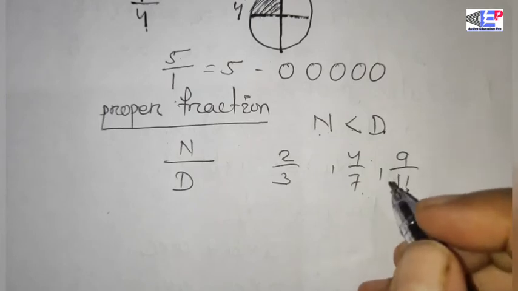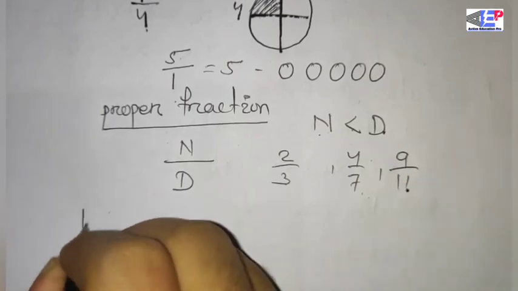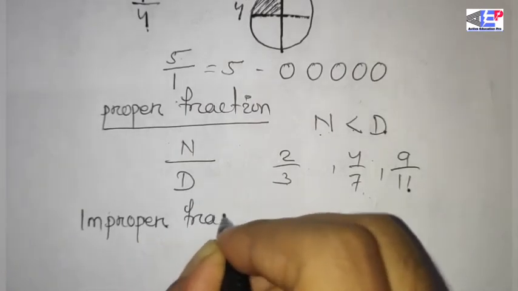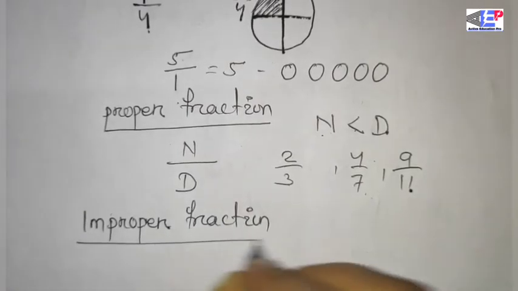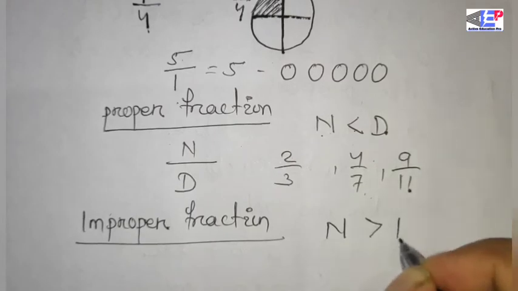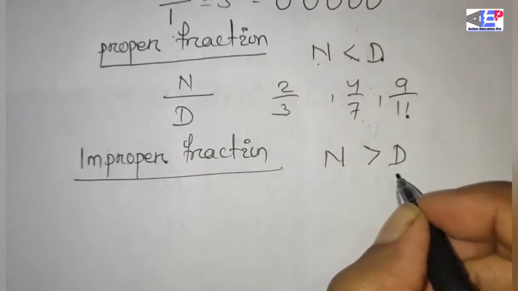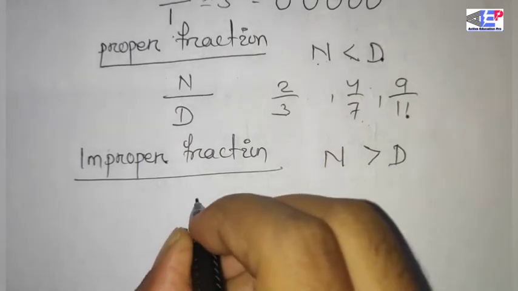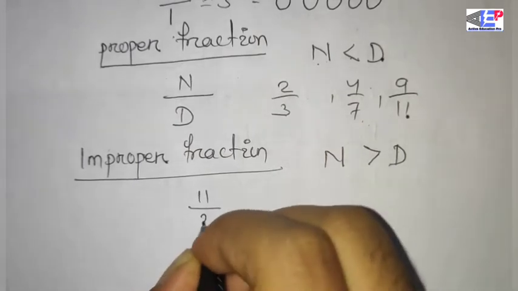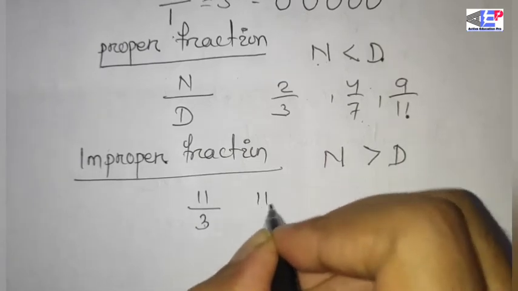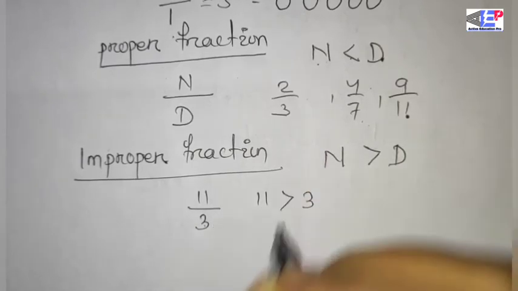The second one is improper fraction. Improper fraction means the opposite of proper fraction, so the numerator is greater than the denominator. Example: 11 by 3. Here 11 is the numerator and 3 is the denominator, where 11 is greater than 3, so it is an improper fraction.